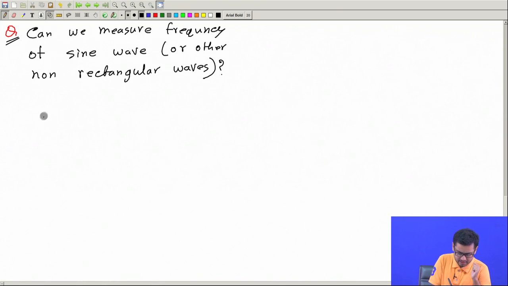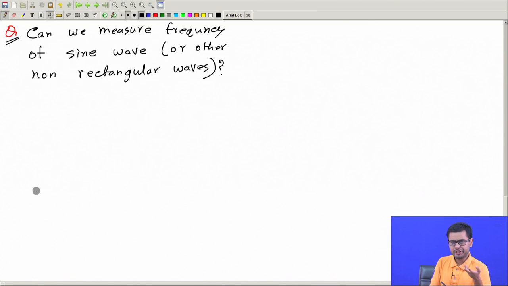Note that a counter is a digital circuit, a digital electronics element. Therefore, it understands only logical high and low input.